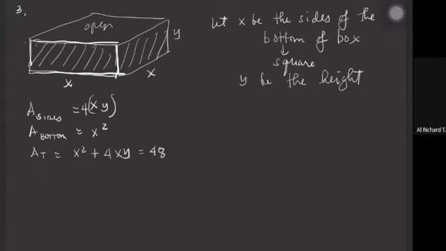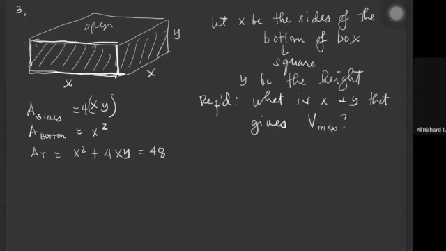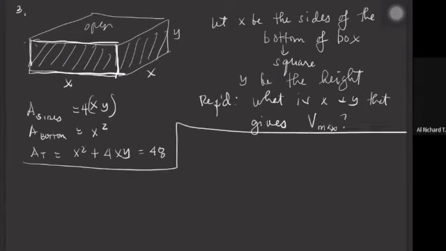And what is to be maximized? What's required here? What dimensions will result in a box with the largest possible volume? Right. So your solution starts here. Let this be our equation 1.